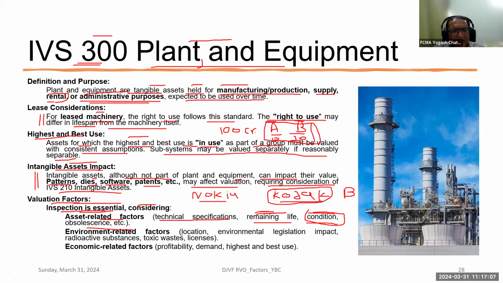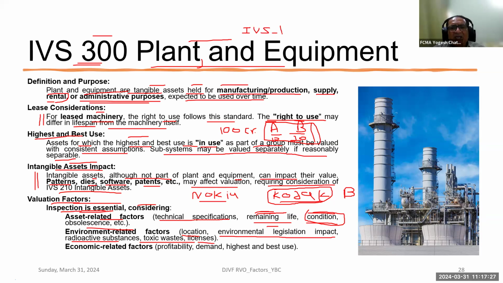Environmental related factors: what is the location, environmental legislation impact, radioactive substances, toxic waste, licenses, all these considerations. And incidentally, IVS 104, as we all are aware, is a new general standard.